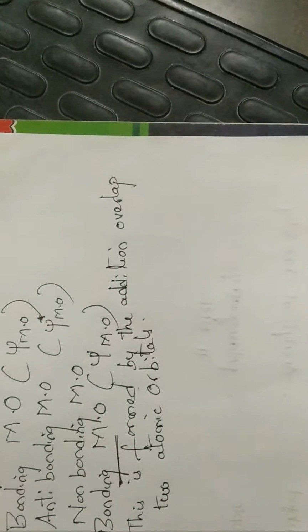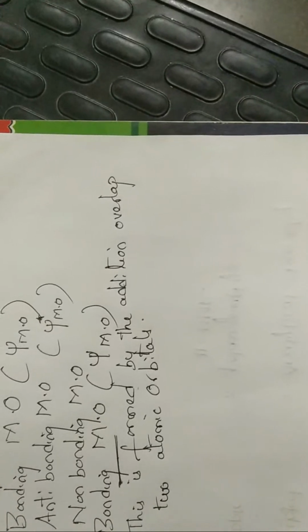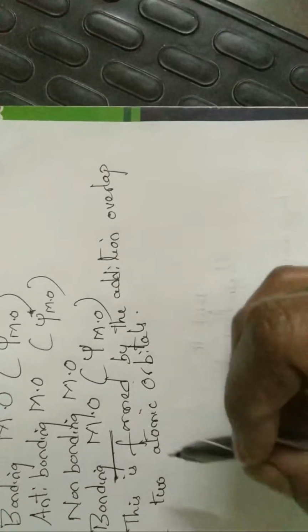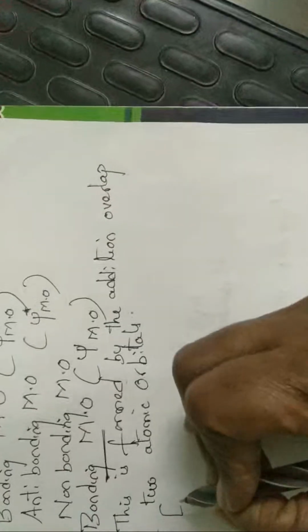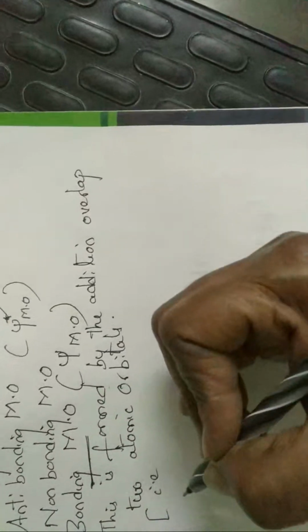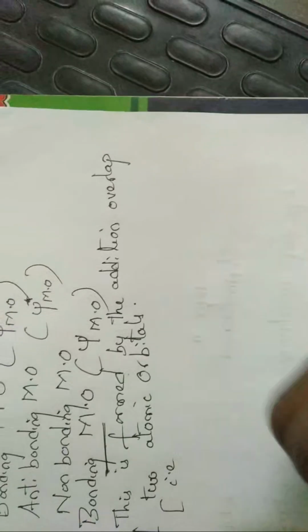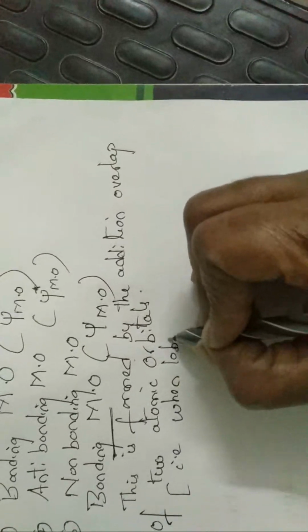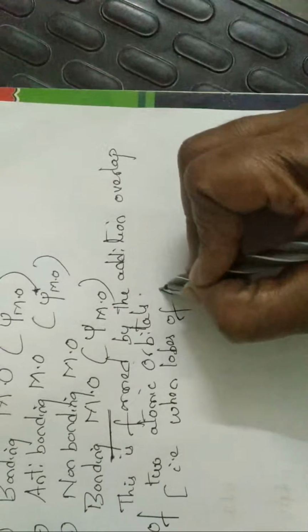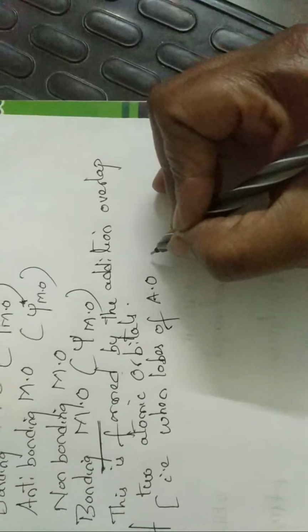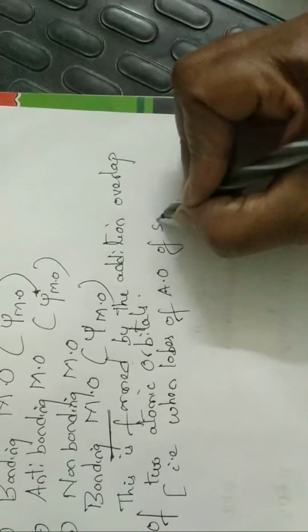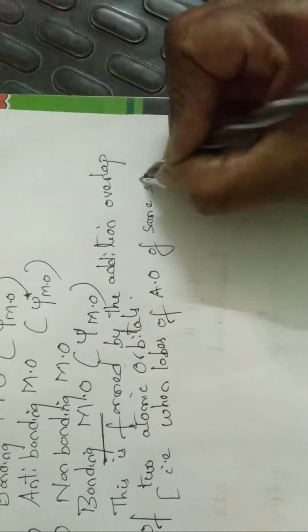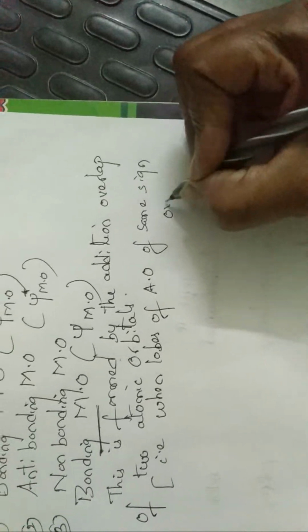So it means here, when lobes of atomic orbitals of the same sign overlap, there must be the same sign.